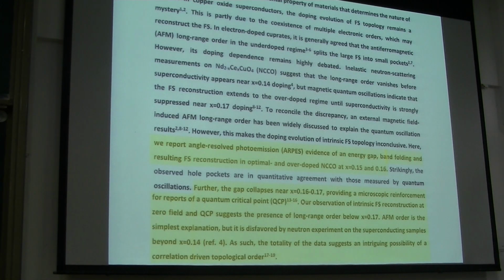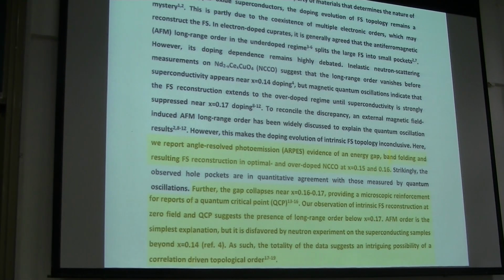What they're measuring is this compound NCCO, neodymium cerium copper oxide. As you vary the doping density x, x equals 0.14 is where the antiferromagnet disappears. So x equals 0.14 is this point here in our theory.